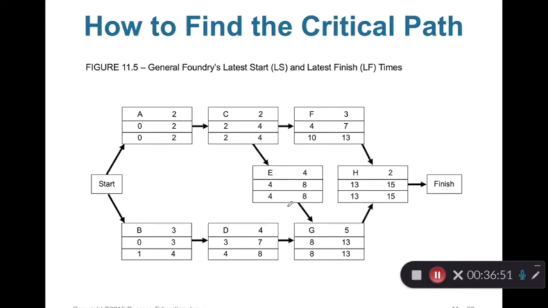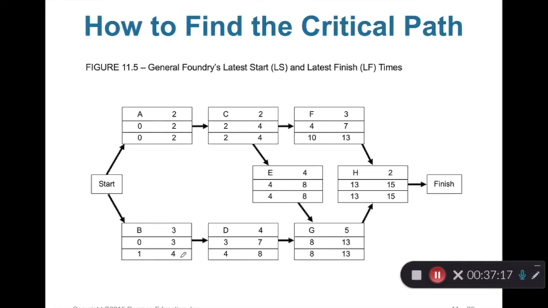And then we go to D. D has only one follower, G. So this 8 must be equal. 8 minus 4 is 4. So LS for D is 4. And B has only one follower, so this is the 4.